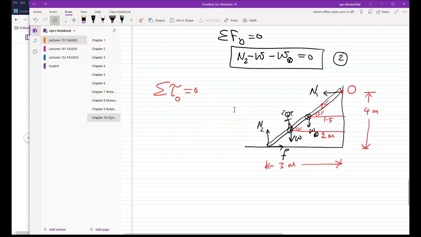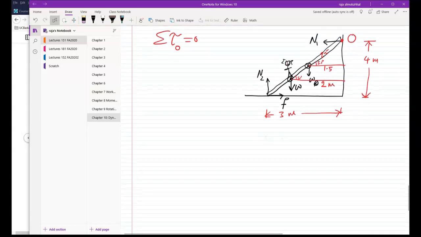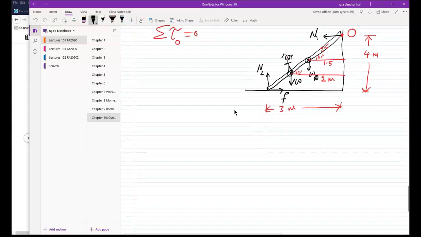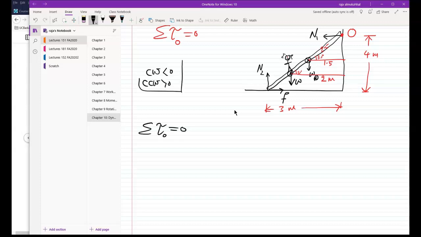it's going to look something like that. Sigma tau about O equals 0. I'm going to have, again, keep in mind, clockwise, negative, counterclockwise, positive. So let's start with Wx, sorry. Wx is going to go about the point O. Look at that.